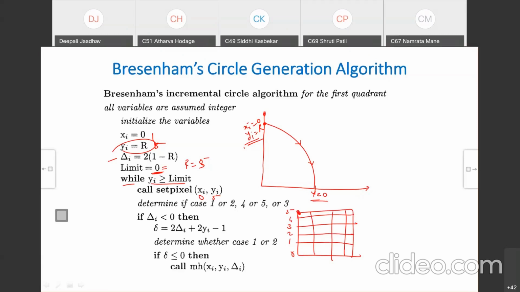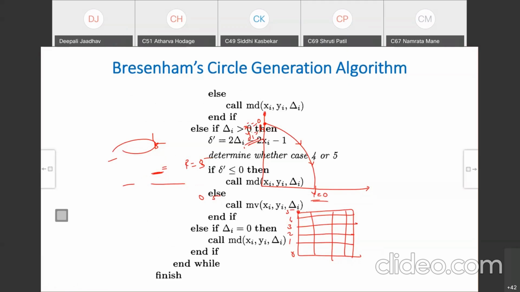After that, determine whether it is case 1, 2, 3, 4 or 5. Means either choose horizontally, diagonally, this is the next point, this is the next point, or vertical is the next point.